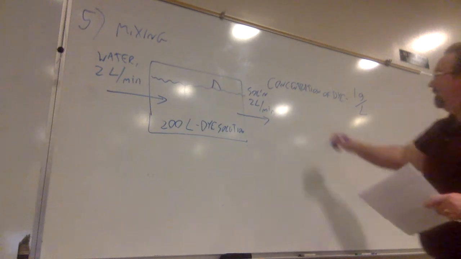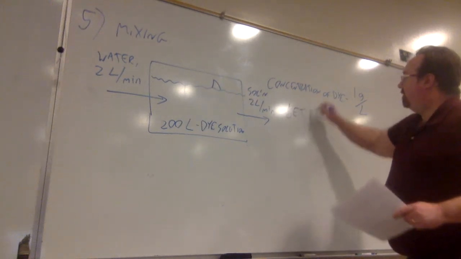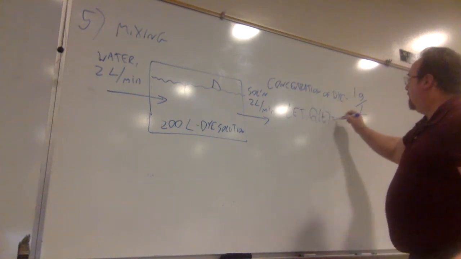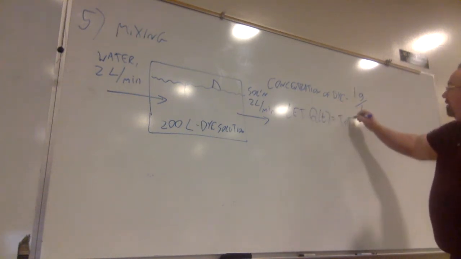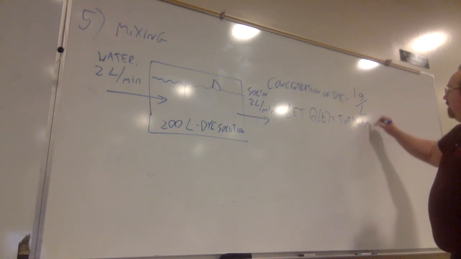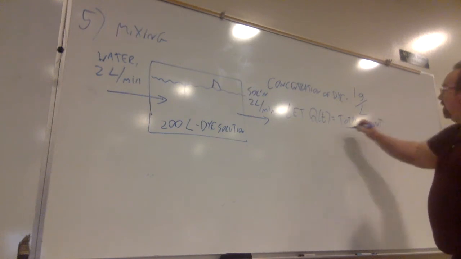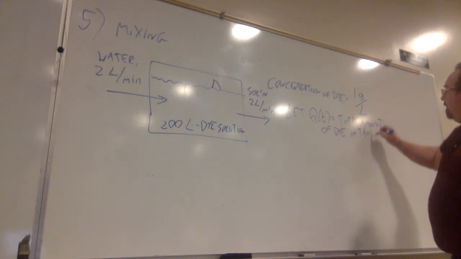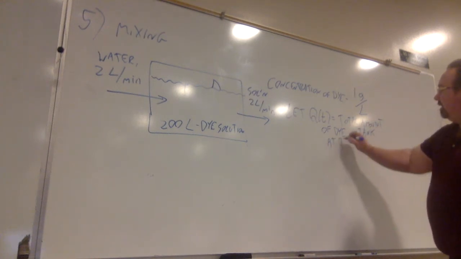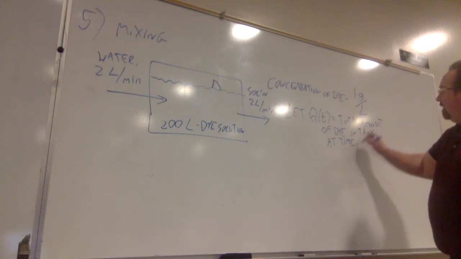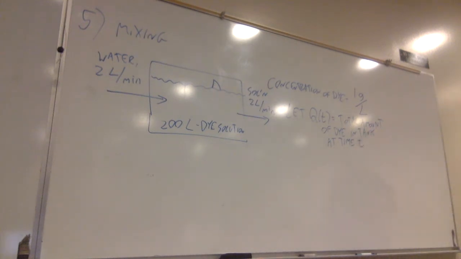Now, I'm going to define Q of t to be the total amount of dye in the tank at time t. So that's what we're actually trying to model.